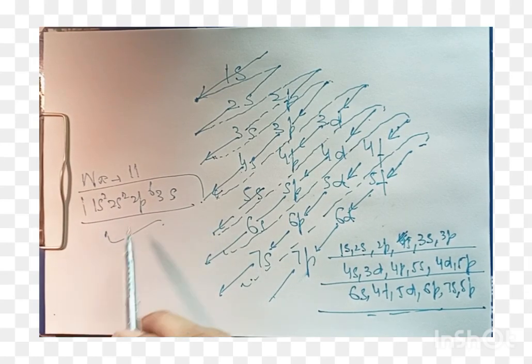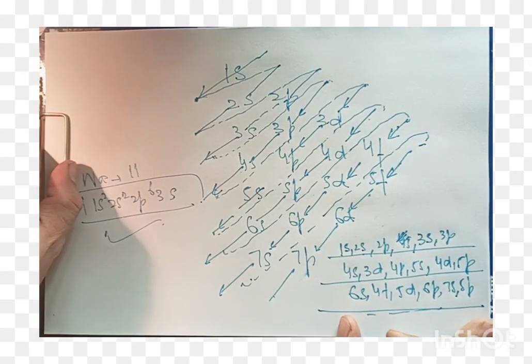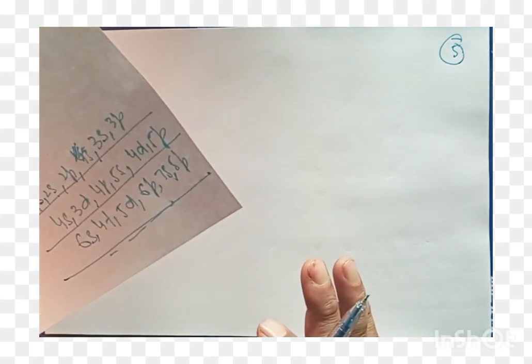This is how electrons will be in their respective orbitals in terms of their energies. Now, what is important here is that all the electrons will go in some particular energy level.